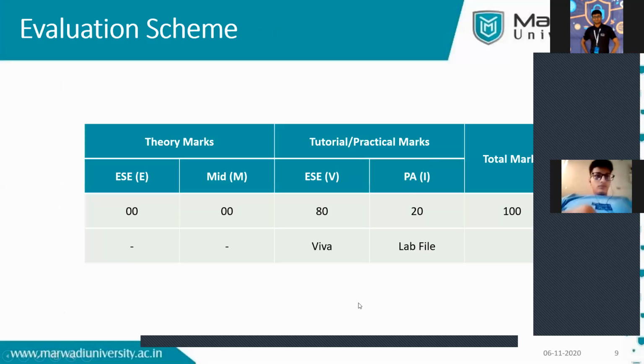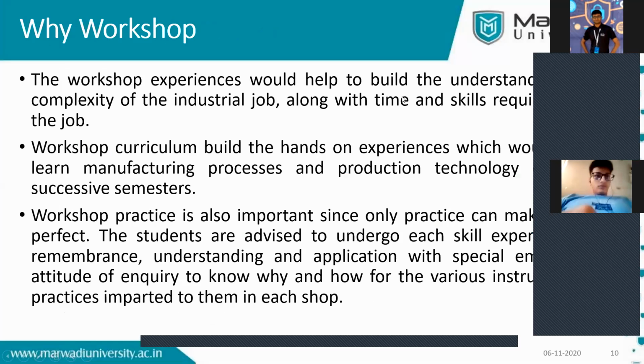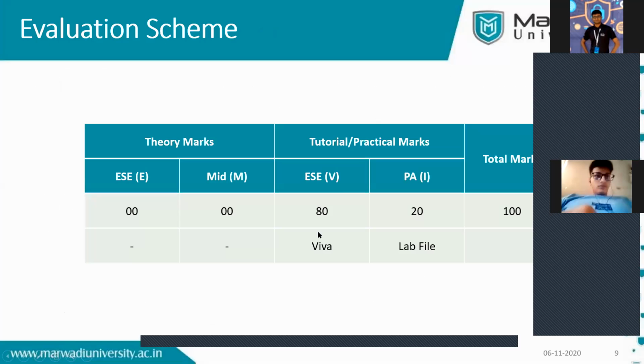Now we discuss the evaluation scheme. As I said, we do not have any theory portion, so we do not have any written exam in our subject. But we have an end semester viva, ESV for short, which carries 80 marks. In the end semester we ask questions about whatever you have performed in the lab sessions.